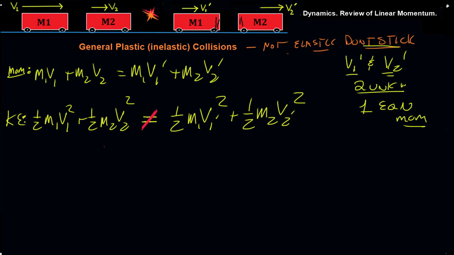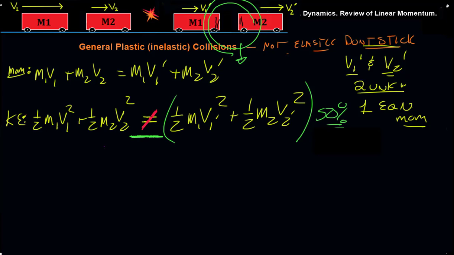However, perhaps there is a way that we can still use this equation. If we knew that this type of collision up here generally caused, let's say, a 50% loss of energy, then we could use that to bring this equation back to life.